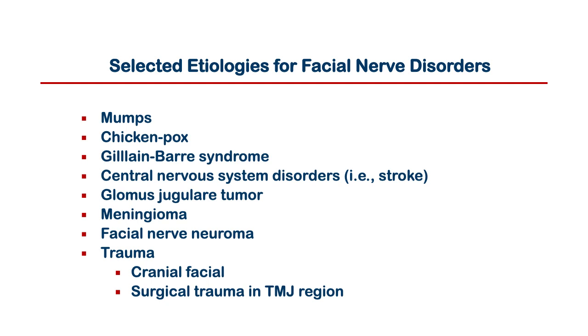So some of my patients have been referred to me by oral surgeons, or an otolaryngologist referred the patient to me, but they had previously seen an oral surgeon for surgery on the temporomandibular joint, and the oral surgeon had nicked the nerve or maybe even severed the nerve, trying to do something to the temporomandibular joint.